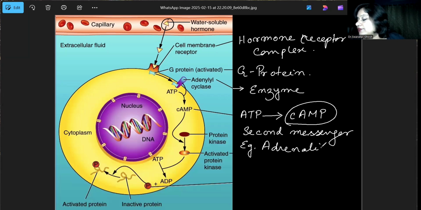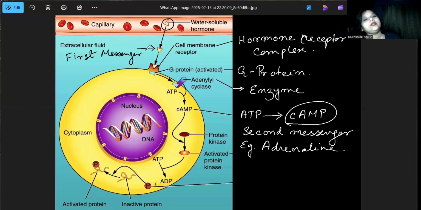Okay, so this adrenaline will make its action possible with the help of this cyclic AMP pathway, where cyclic AMP is the second messenger. Why is the second messenger concept there? Your particular hormone is considered to be the first messenger.